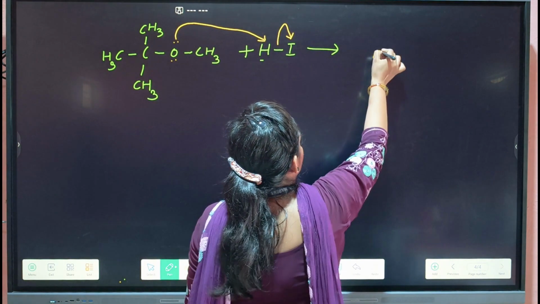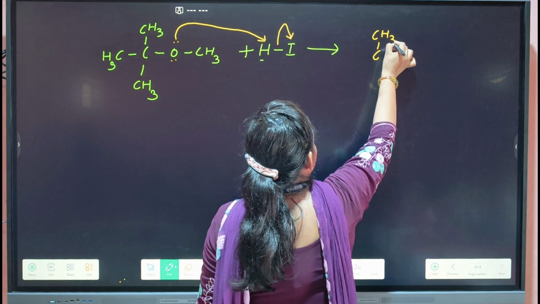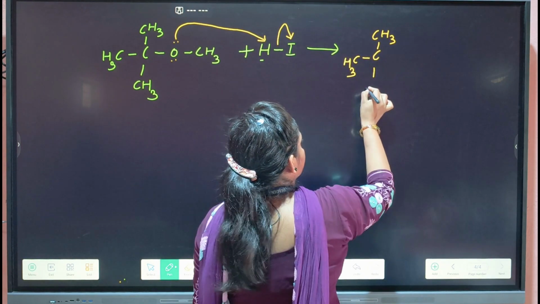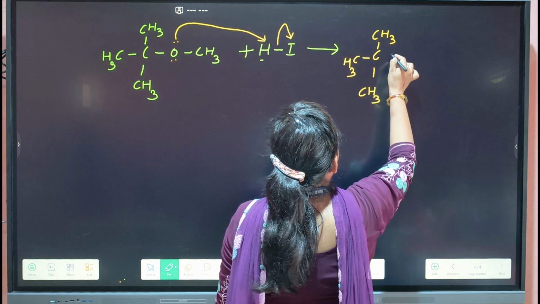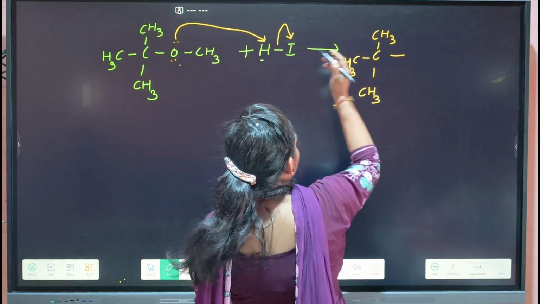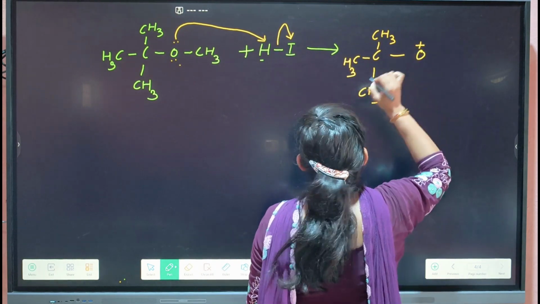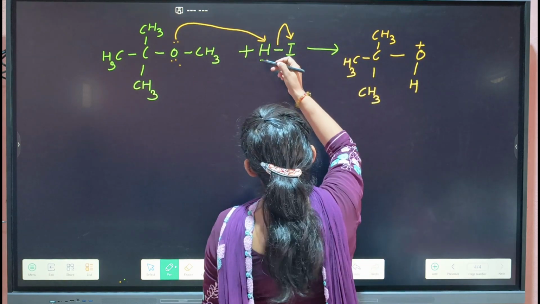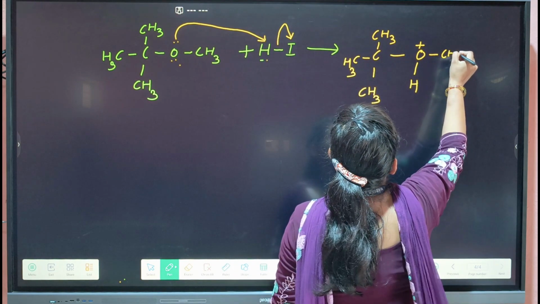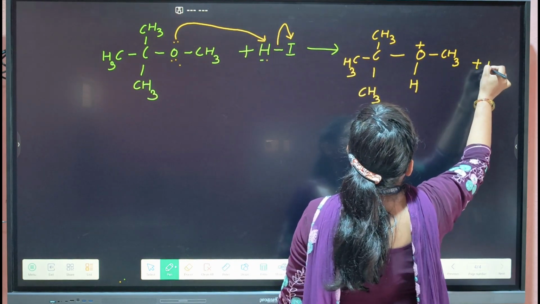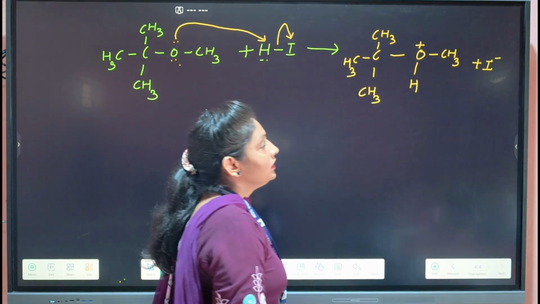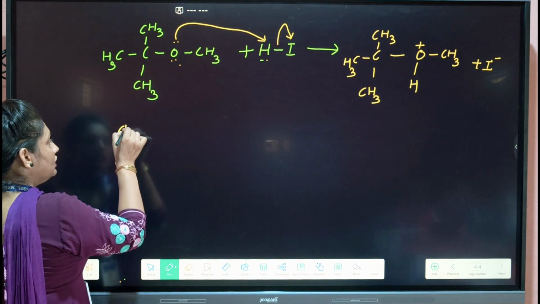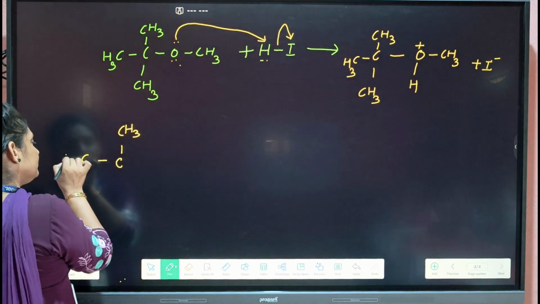So we will do the same as we have done in the previous mechanism. Here positive charge will attain on oxygen because it is giving electrons. Hydrogen will attach to this one, OC(CH3)3 plus I negative. Students, now changes will take place.